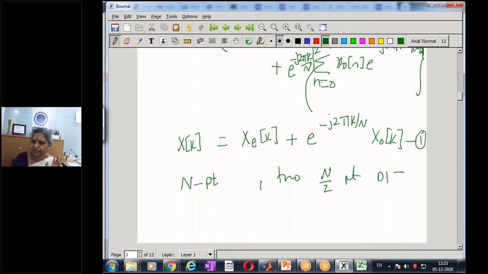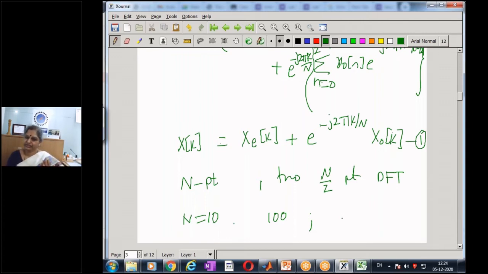For example, suppose I have N as 10. A normal computation of an N-point DFT needs a matrix of size 10 by 10, so I have 100. My complexity is approximately 100 multiplications. Instead, I can do two 5-point DFTs.